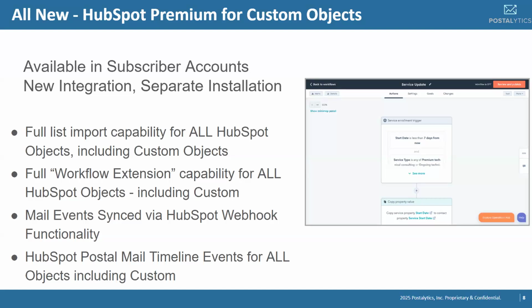And so now we're able to actually use that postal mail event in any timeline. And so you've got an ability to see exactly what's happened with all of your individual mailers across all HubSpot objects. So really powerful new capability.